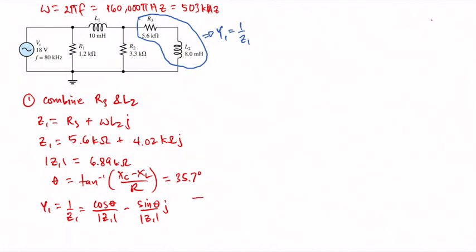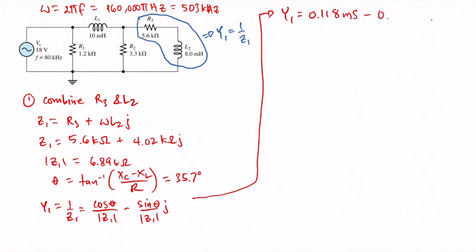From there we can get Y1 to have real and imaginary components of 0.118 millisiemens minus 0.0846 millisiemens j hat. So this is our Y1.